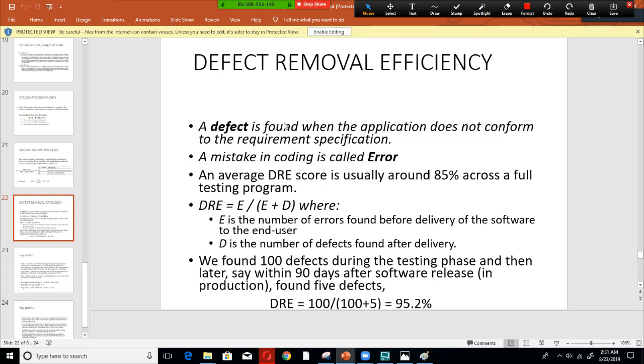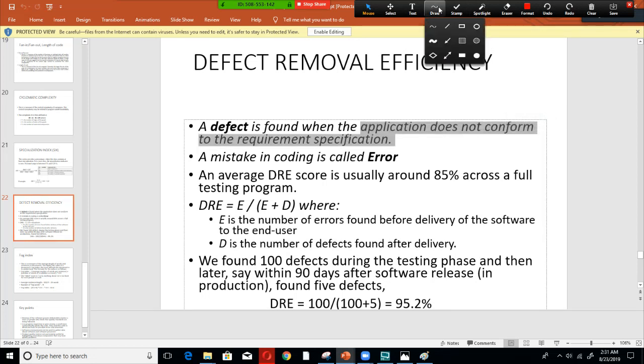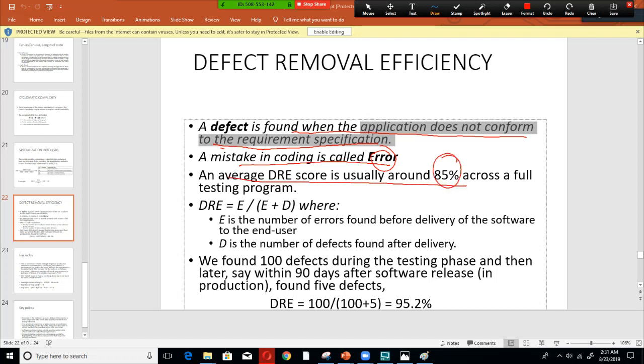A defect is found when the application does not conform to the requirement specification. A mistake in coding is called an error. So the average DRE score is usually around 0.85 across a full testing program.